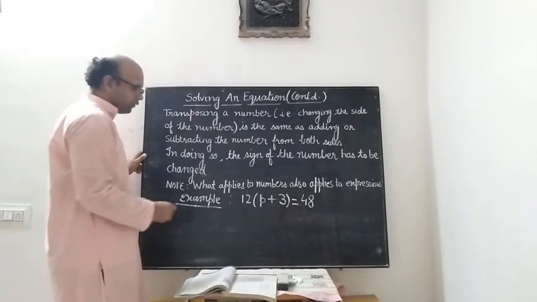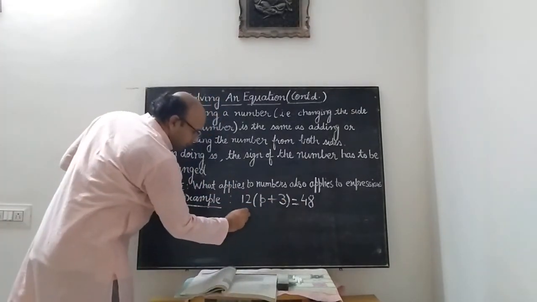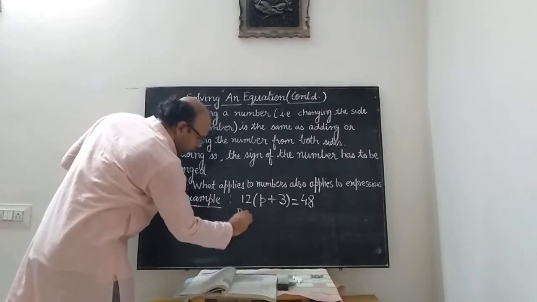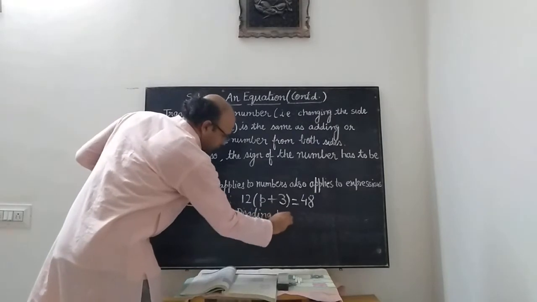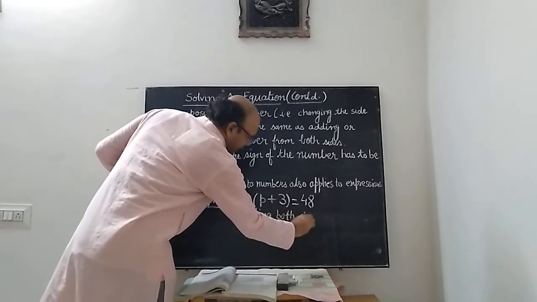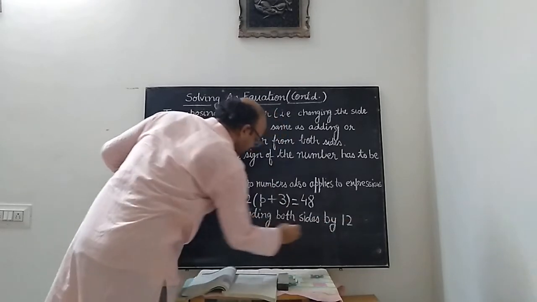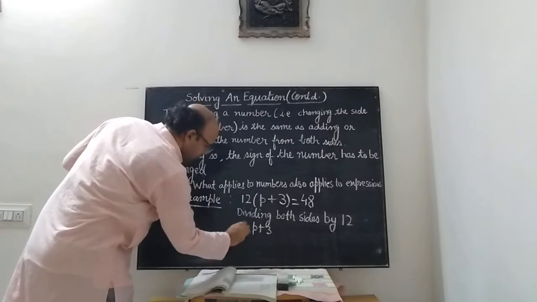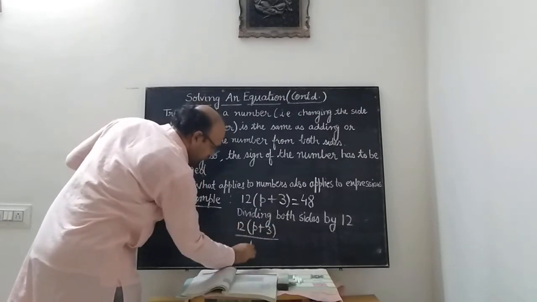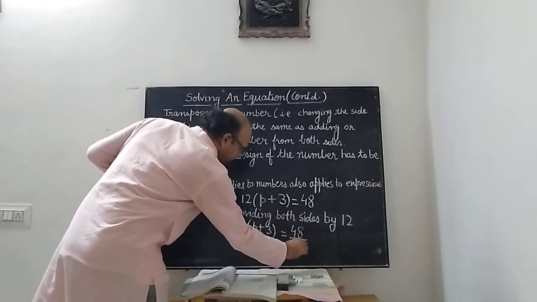So first of all, we divide both the sides by 12. Dividing both sides by 12, we have 12 times of p plus 3 by 12 is equal to 48 by 12.